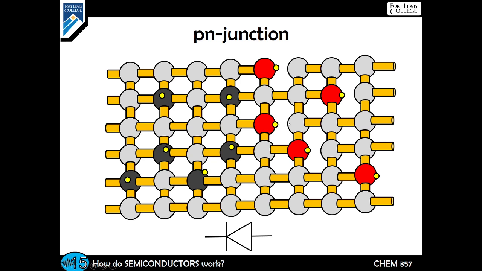I think these electrons should be over here. The boron will form 3 bonds with its 3 valence electrons, and then it will have a gap where it cannot form a bond with the silicon. So the silicon will have an extra electron here that it cannot form a bond with. So this is a hole, because if there was 1 more electron here, then you could fill out these bonds.